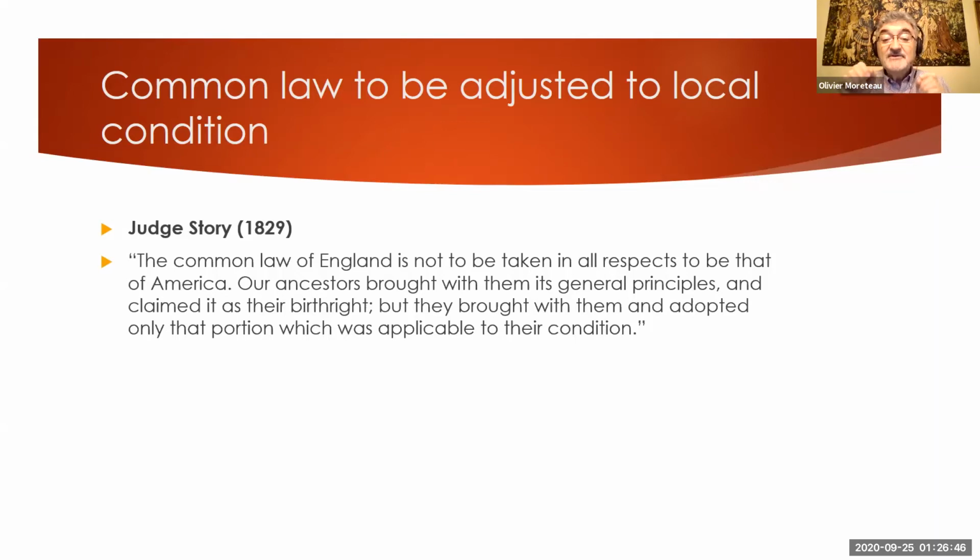Our ancestors brought with them its general principles and claimed it as their birthright, but they brought with them and adopted only that portion which was applicable to their condition. So, some common law, yes, but provided that it matches the American spirit and life conditions in the New World.